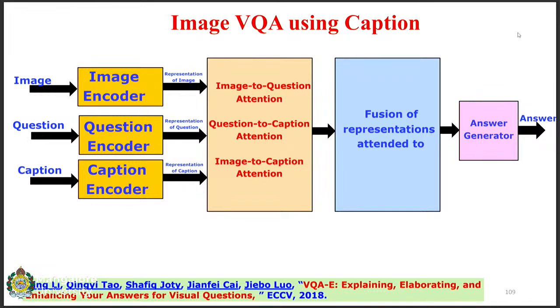So basically I need to relate what is there in the image to the question, and the question to the caption, and the image to the caption, and we combine all these different pairs of representations and then fuse all these representations, and then we finally generate the answer. In many cases it has been shown that using this caption will give you better performance in the question answering task.